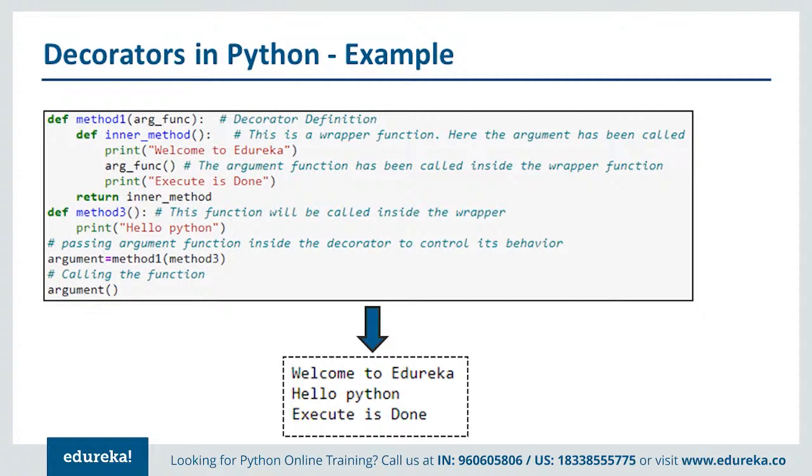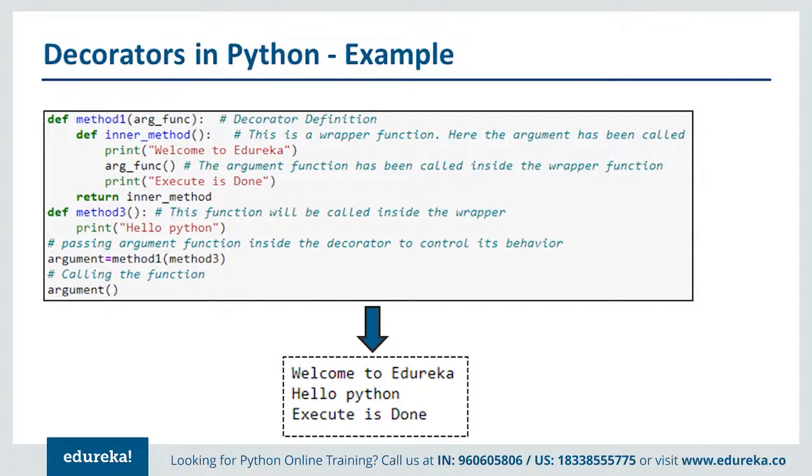So we are giving method 3 as an argument to method 1, which means that method 3 will be executed between the execution of welcome to Edureka and execute is done. So arg_func will be replaced with method 3, and that's how you will get the overall mechanism.